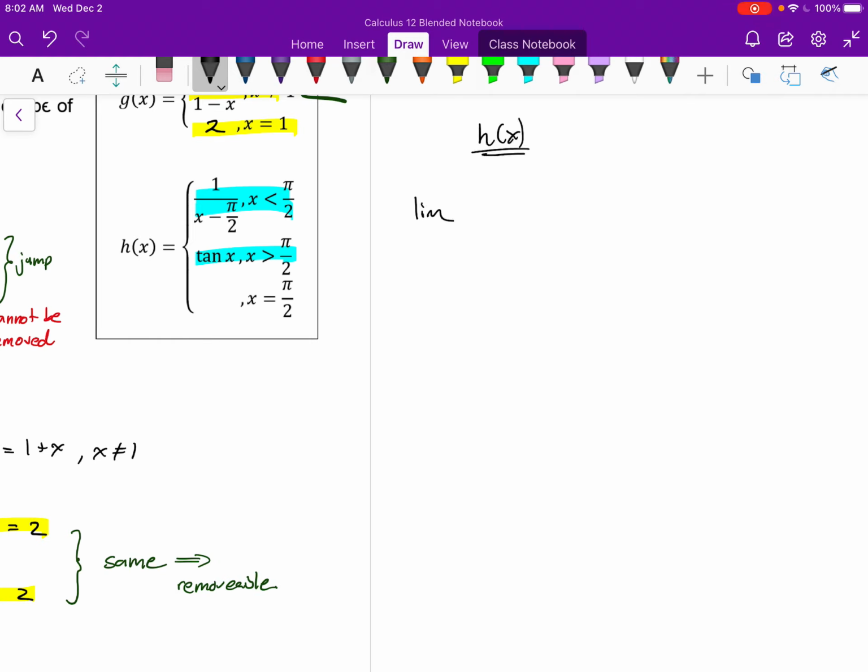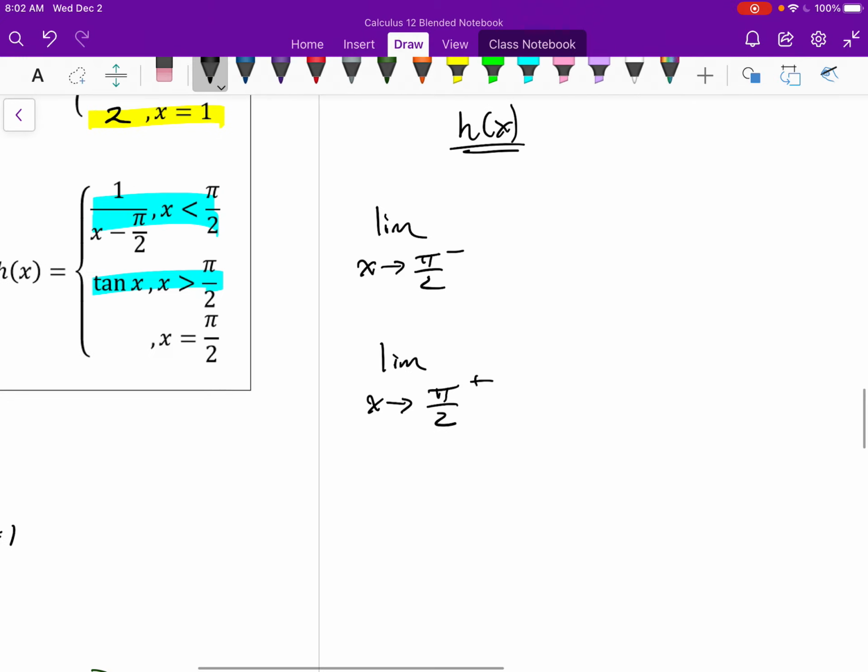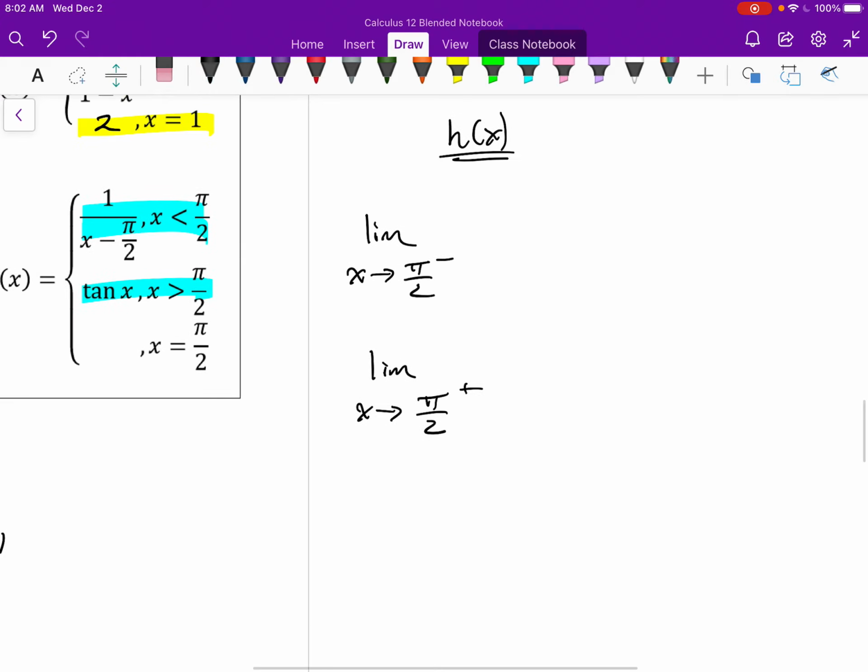as I approach pi over 2 from the left, and as I approach pi over 2 from the right. So I approach from the left, I'll just write down h of x first. In this case, I will look at the top piece. So I have 1 over pi over 2 minus pi over 2.